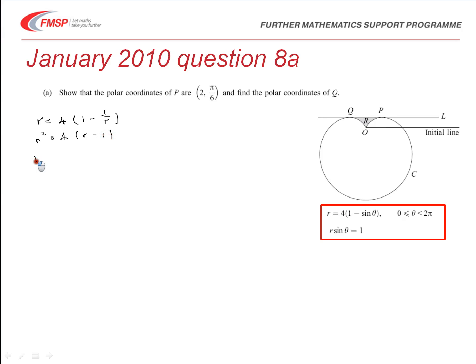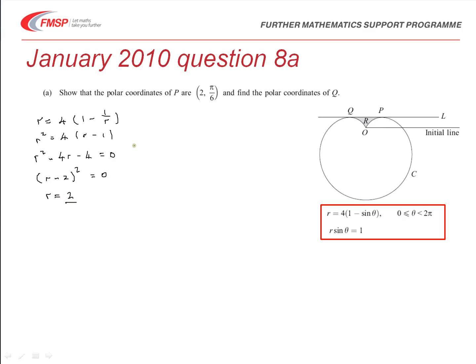Rearranging this, we get a quadratic: r squared minus 4r minus 4 equals 0. And we can see this is a repeated root, with (r minus 2) squared as the factor equals 0. And so our value of r is going to be equal to 2.